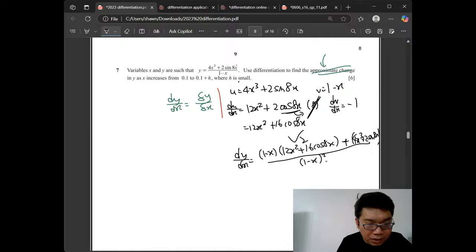If you can successfully get this equation, you gain 1 more mark, which means you already gain 3 marks out of 6. Then always remember, the next thing is very easy, how to score the next mark. Actually, if you have the fully correct derivative, you should get 4 marks already. Full equation, 4 marks.